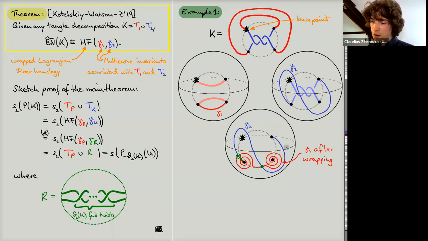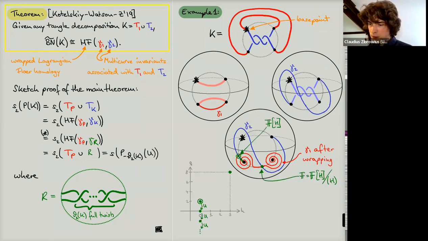The gamma 2 curve looks as before, here on the right-hand side. The red curve is almost the same as this red curve, except that we add these little wrappings around the tangle ends. And this gives us some intersection points of the red curve with the blue curve, namely this single intersection point down here, and then infinitely many intersection points around this tangle end.